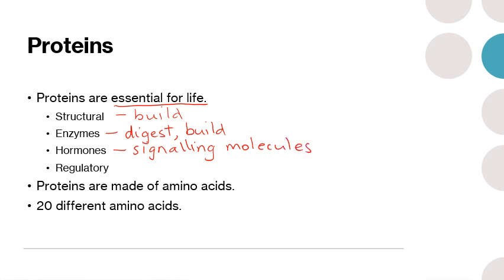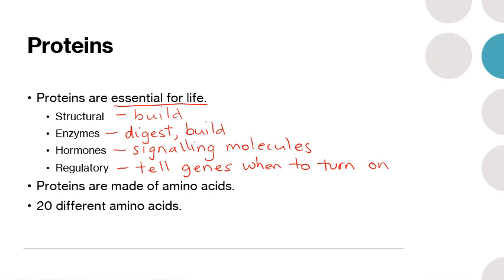Some proteins are regulatory proteins, which means that they tell the genes what to do, or when to do it rather. There's lots more examples. You don't actually need to know about these for the study design, but it's a good bit of background knowledge.